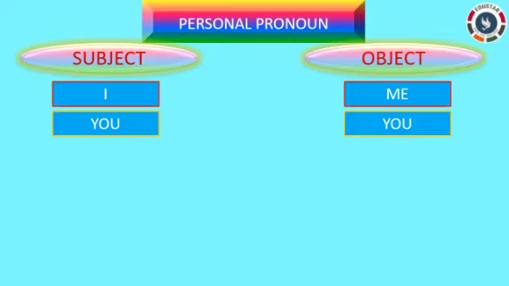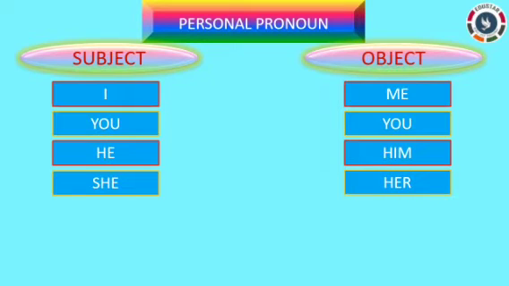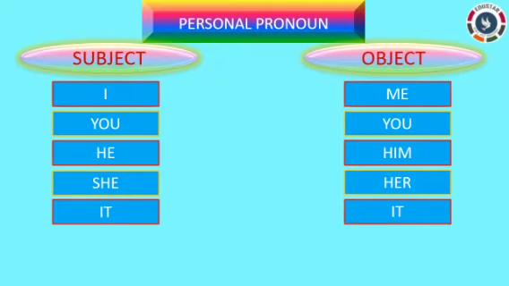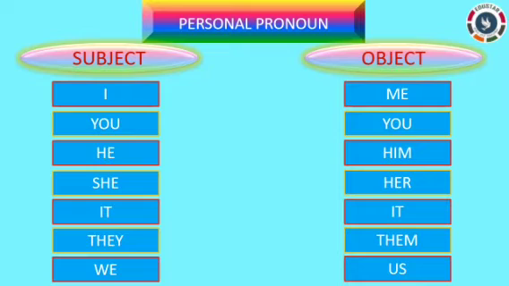And when we talk about someone and if he is a boy, the subject pronoun will be he and object pronoun will be him. For a girl, the subject pronoun will be she and object pronoun will be her. For an animal or thing, the subject and object, both pronouns will be it. For more than one person, the subject pronoun will be they or we and object pronoun will be them or us.